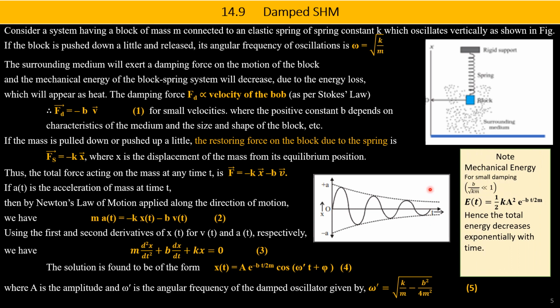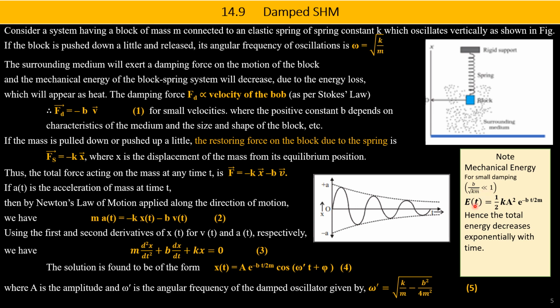Here it is very important to note the mechanical energy of the damped simple harmonic motion. For small values of damping, b divided by square root of km is very small.